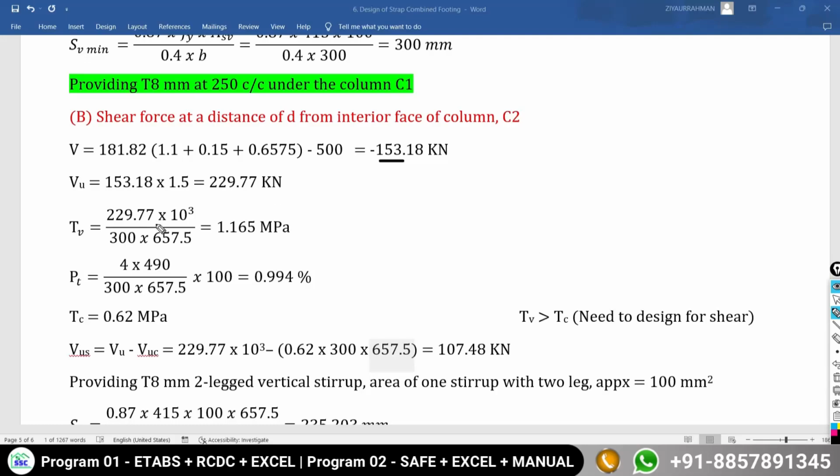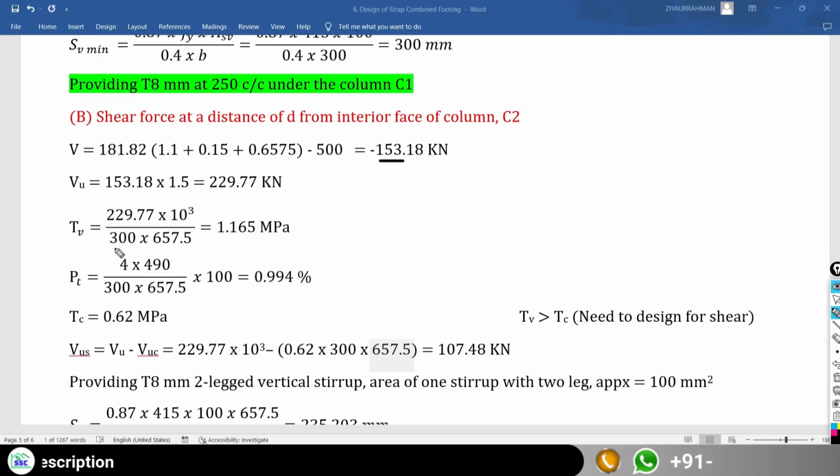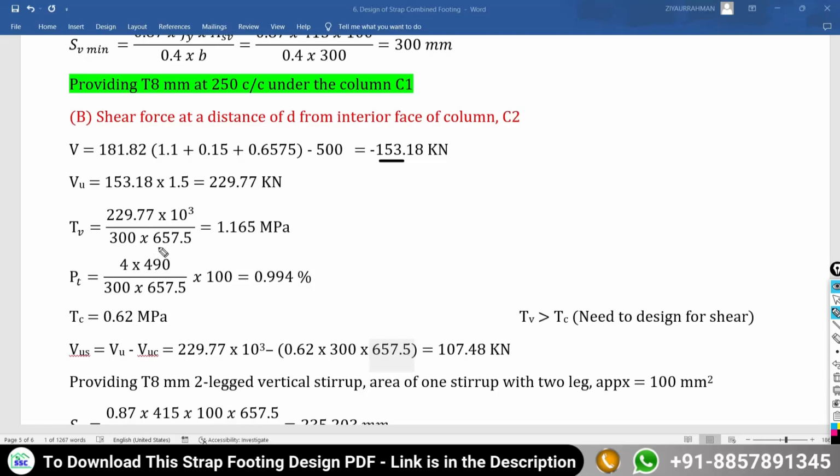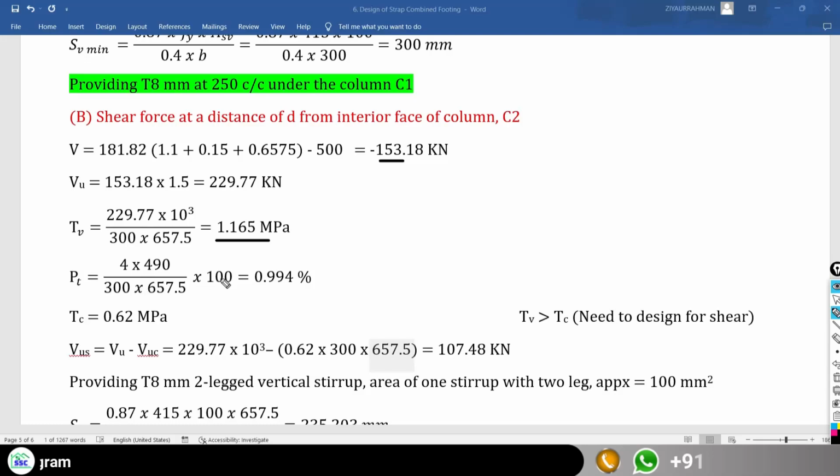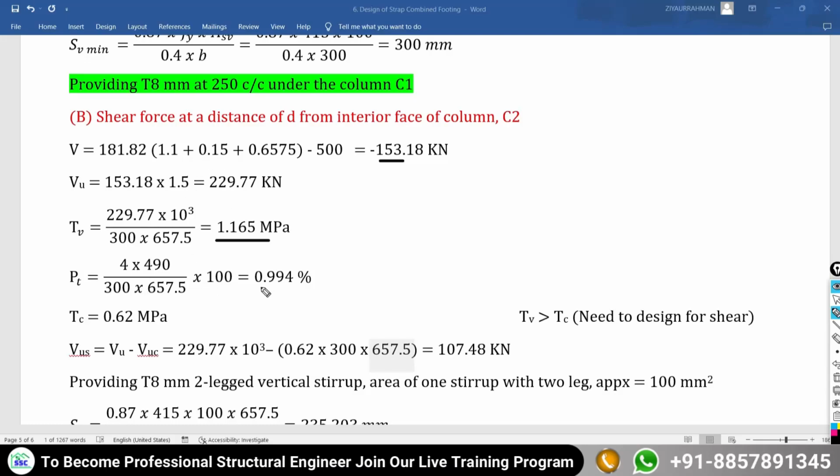So the ultimate value of the shear force we are getting as 229.77 kilonewton. Now nominal shear, very simple formula: the shear force divided by the section size of your beam, 300 multiplied by effective depth. You are getting the nominal shear as 1.165 MPa, Newton per mm square. Now the available percentage of reinforcement, same as the previous one, is 0.994%.